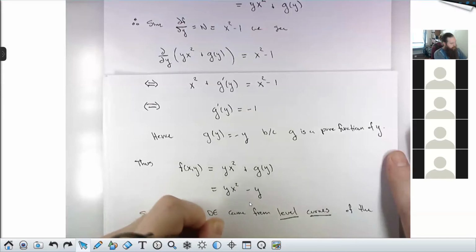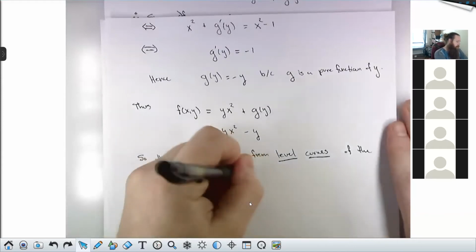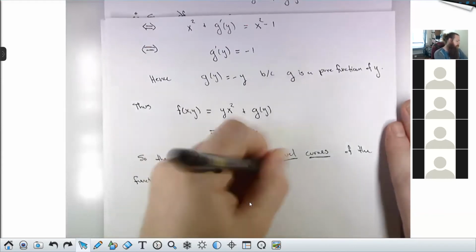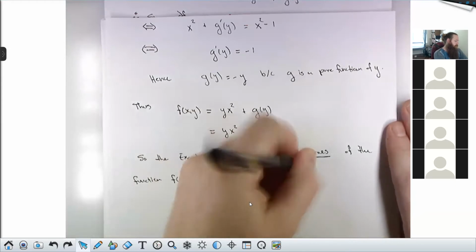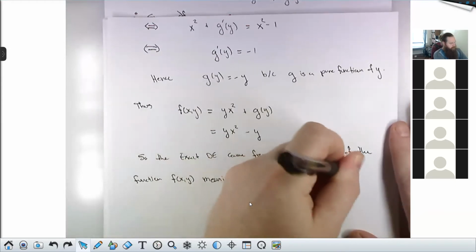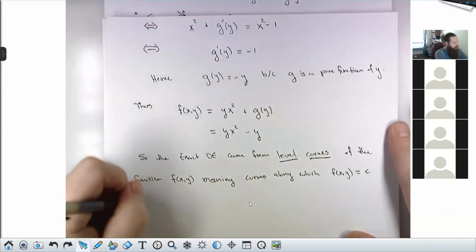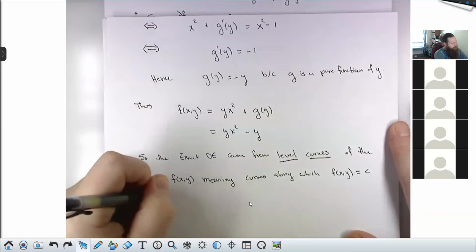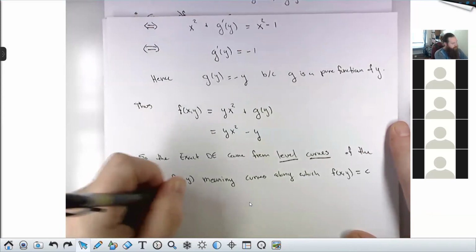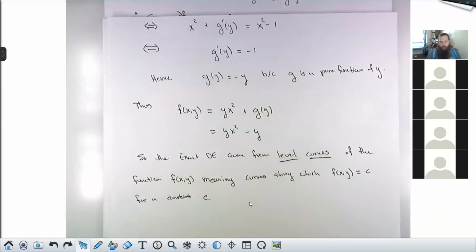Meaning curves along which f of xy is equal to some constant c. Level curves come from fixed but arbitrary constants.